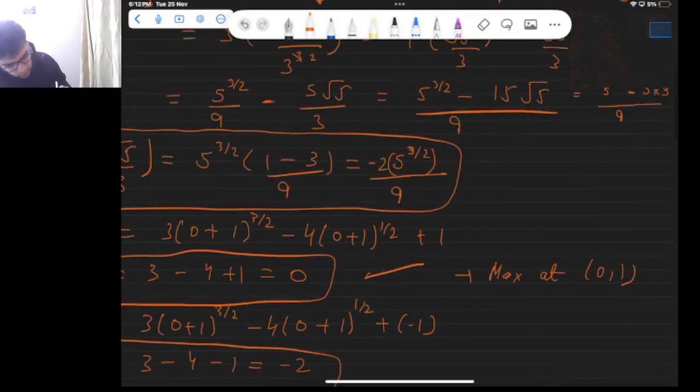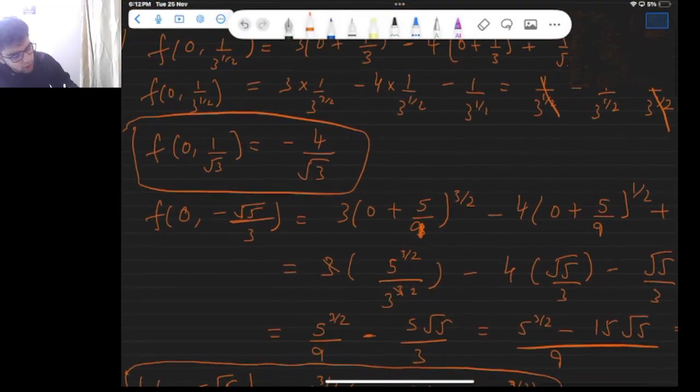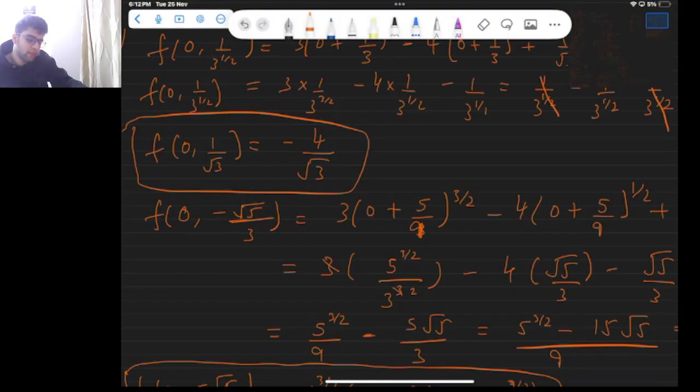And if you see, this is equal to the above expression, negative 4 divided by 1.73, slightly less than negative 2.